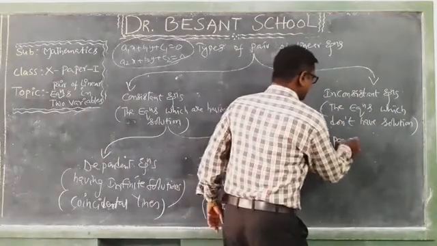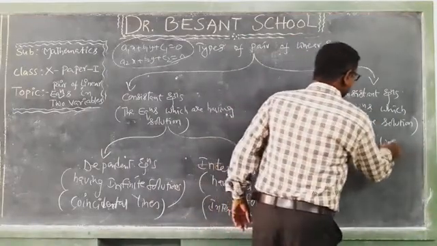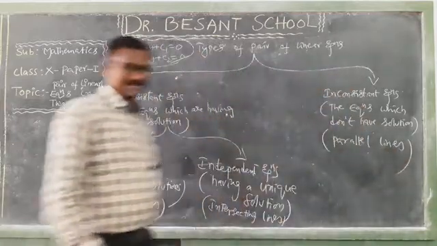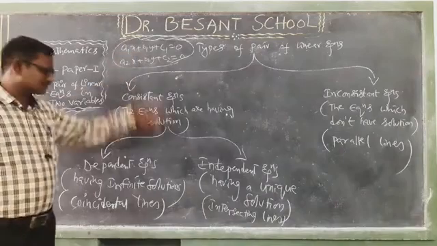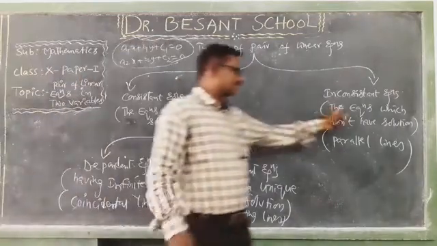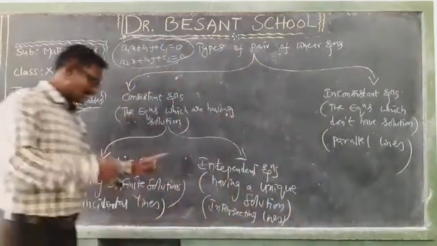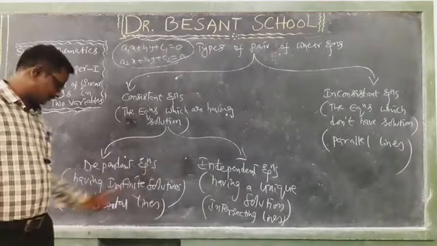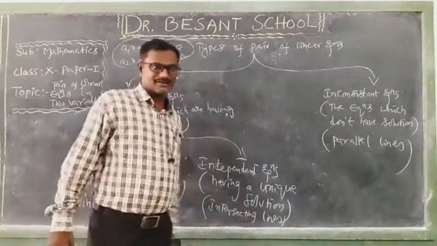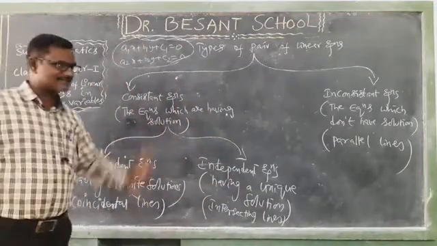These are also said to be parallel lines. Okay. Now observe. There are conditions related to this one, this one and this one. So later we will discuss those conditions. I hope you have understood all these things.